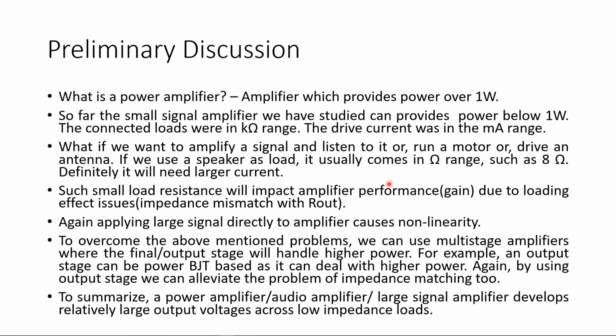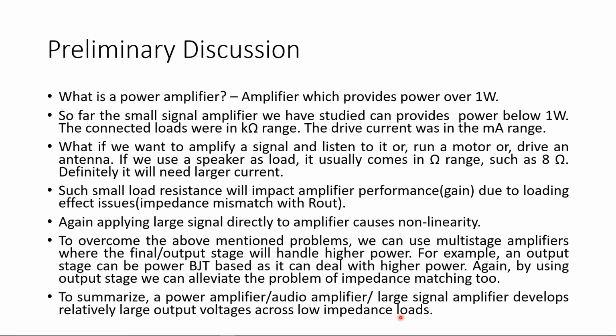Okay, so to summarize, the main thing is that a power amplifier, audio amplifier or large signal amplifier develops relatively large output voltages across low impedance loads. This last term, low impedance loads, is something you typically don't see in the small signal amplifiers we have studied before, like the common source amplifier.